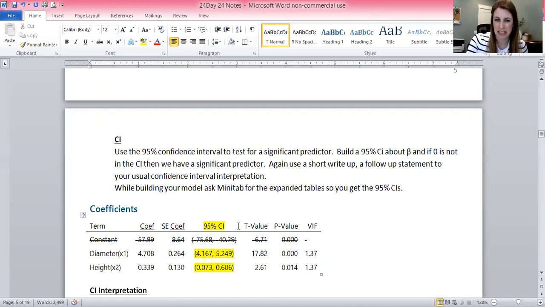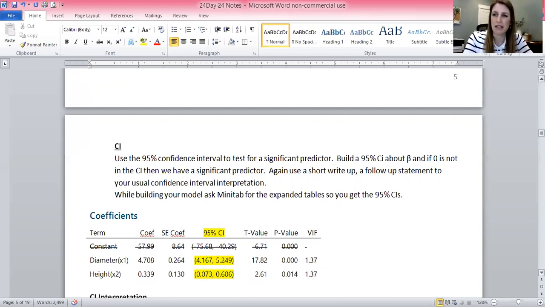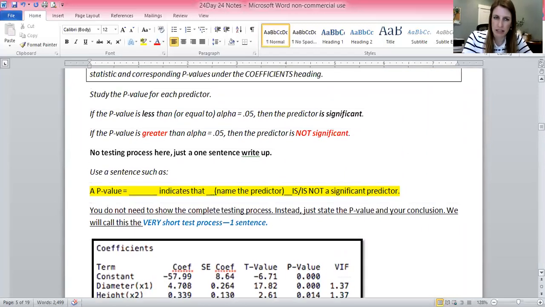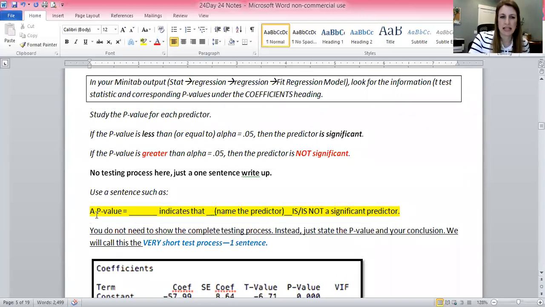So that's it. It's a quick look for either one, and then you're going to make a statement. So let me scroll back up so we can look at the statement. It's right here. You can just say, with a p-value of maybe 0.025, this indicates that my predictor is a significant predictor, right?